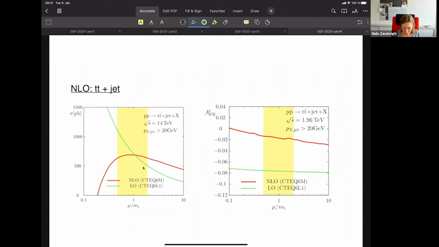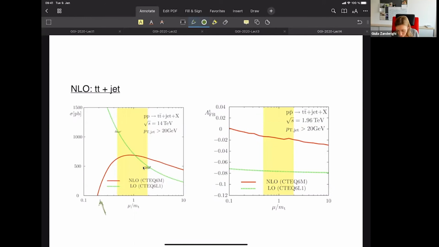You see that if you take, however, a scale that is very different, your NLO will essentially even diverge at some point, in both directions. So this factor 2 is a conventional range, and you see why this works nicely. At leading order, you have a larger uncertainty. At NLO, this uncertainty becomes much smaller here.